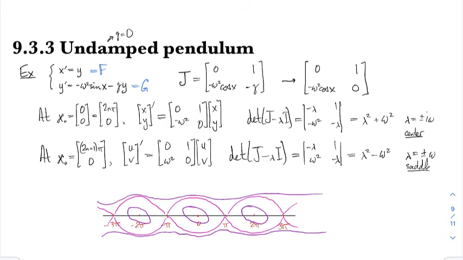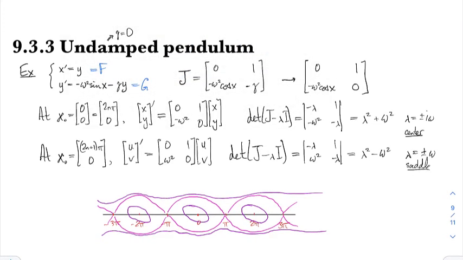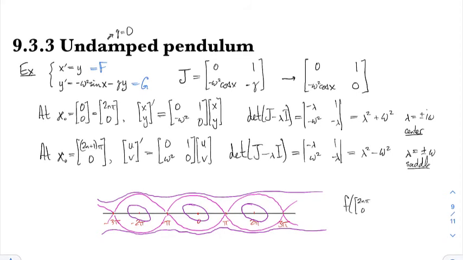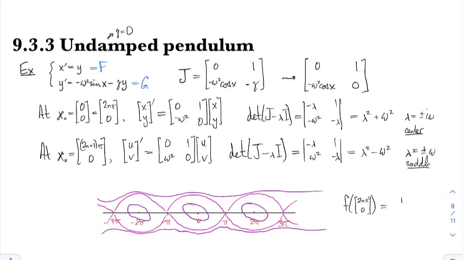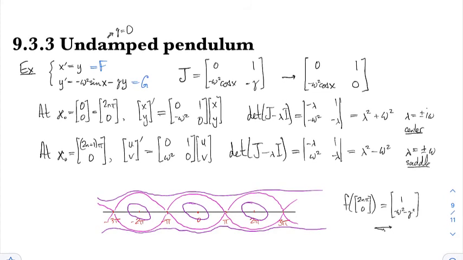And then in order to see which direction all this stuff is going, we can just evaluate. Say we look above an even multiple of pi, then what we get is 1, minus omega squared, minus gamma squared. That's a vector going over 1 and then down somewhat.